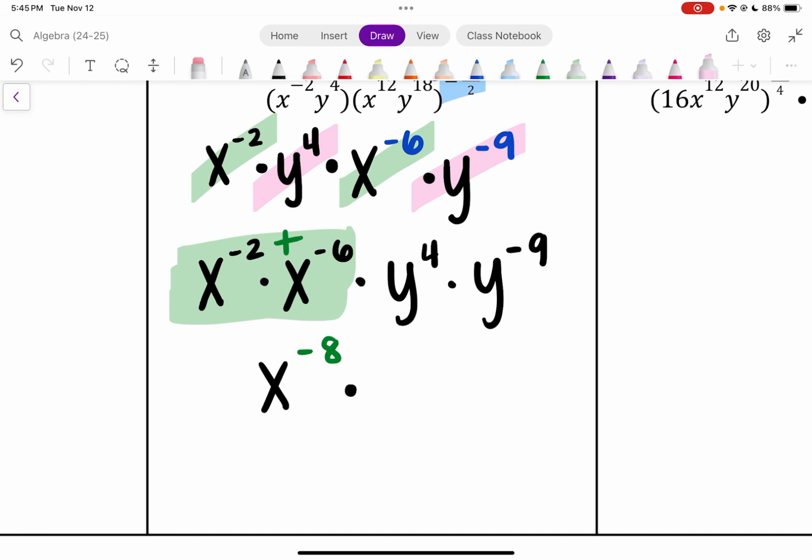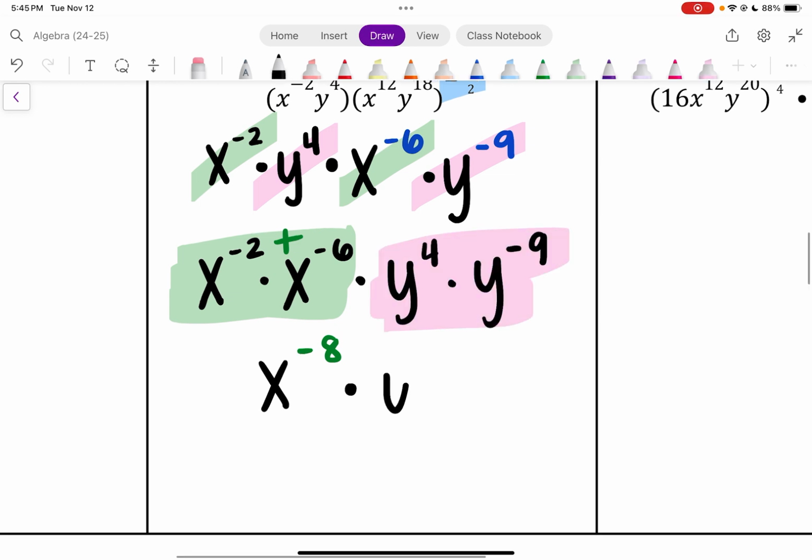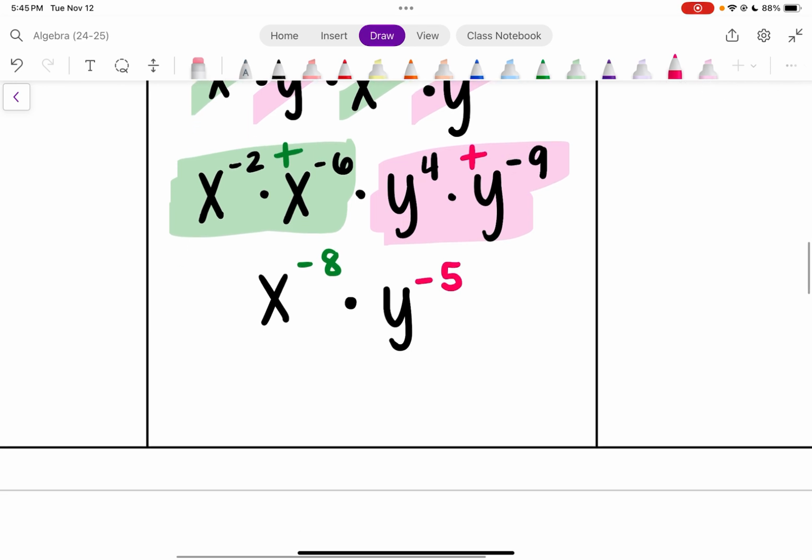times, and now I can combine my y's. So now I have y, 4 plus -9 is a -5. So now we have our negative exponents. So what I'm going to do is I'm going to take my x to the -8, flip that mood, make that a happy exponent.